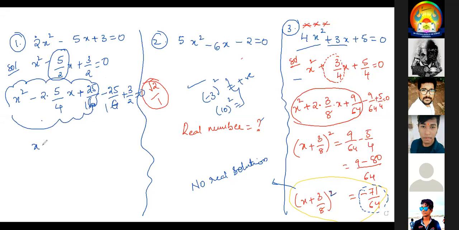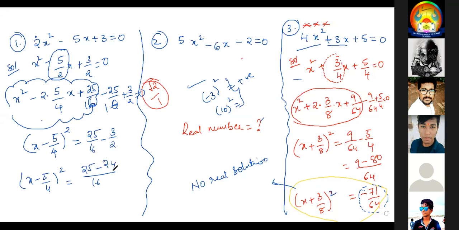Now this entire thing can be written as x minus 5 by 4 whole square is equal to 25 by 16 minus 3 by 2. It will go that side. So x minus 5 by 4 whole square equals, if I take 16 as the LCM, 25 minus 2 eights are 24, you will get. You know the LCM, I think. Now it will become 1 by 16.